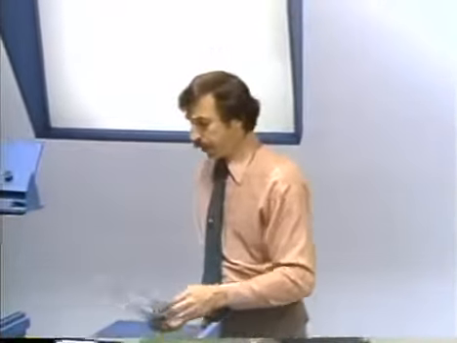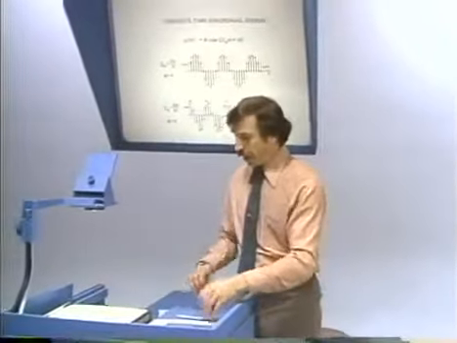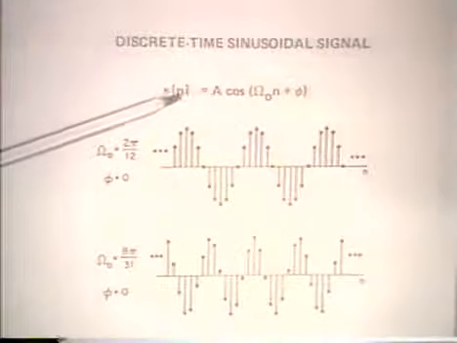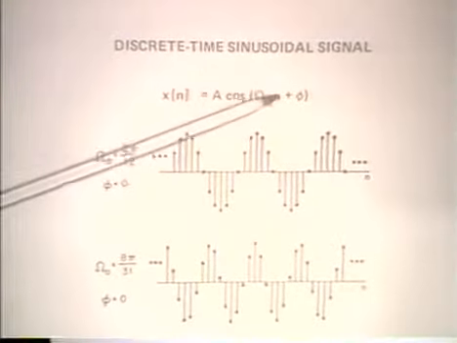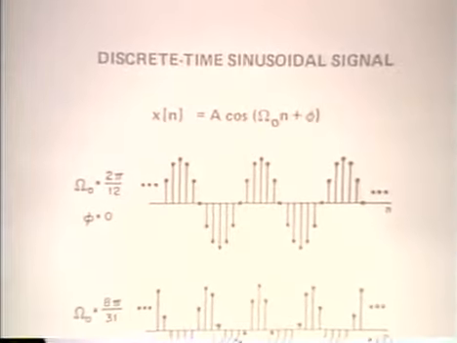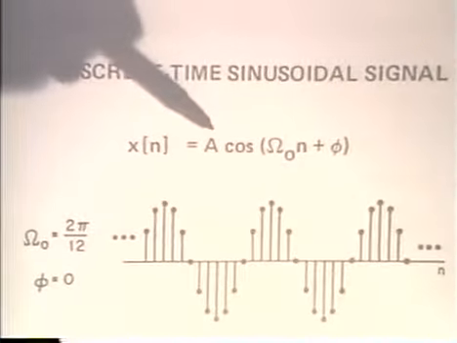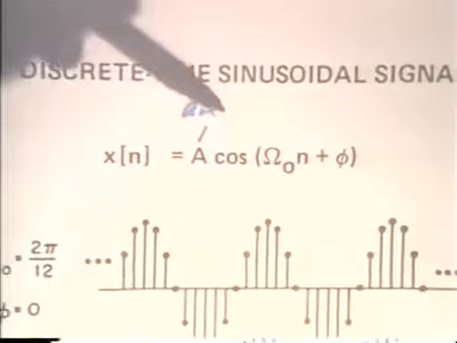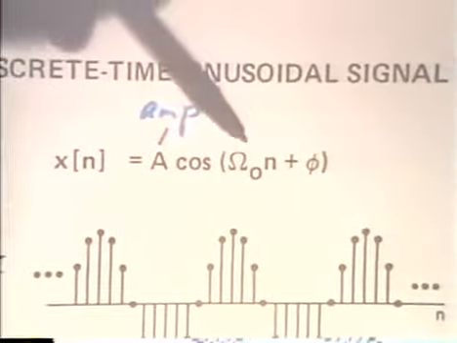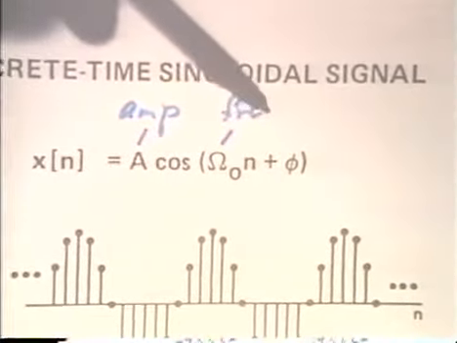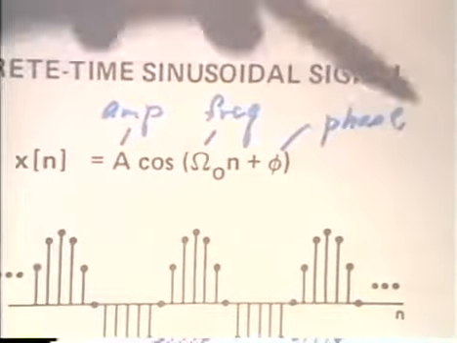A discrete time sinusoidal signal mathematically is, as I've indicated here, A cosine of omega 0 n plus phi. And just as in the continuous time case, the parameter A is what we'll refer to as the amplitude, omega 0 as the frequency, and phi as the phase.